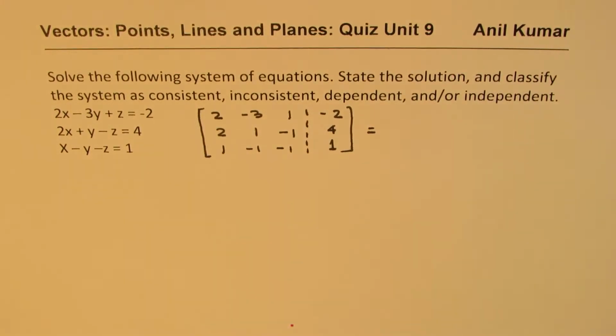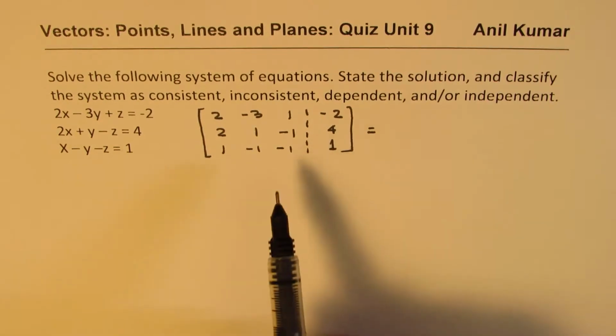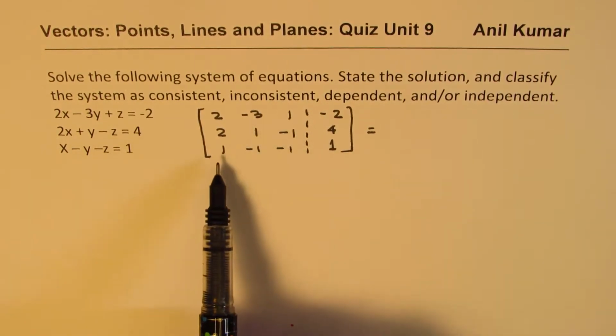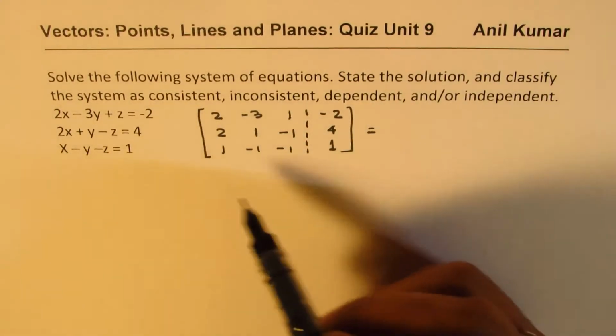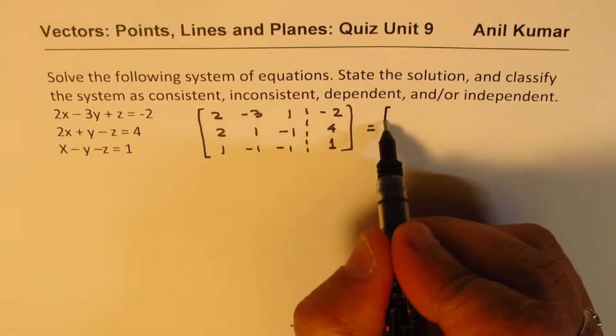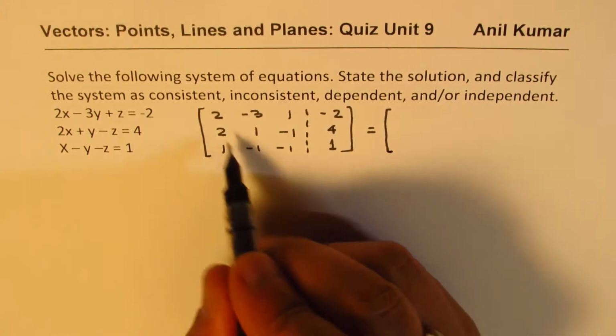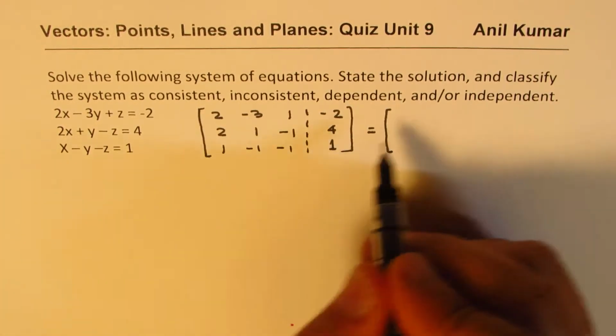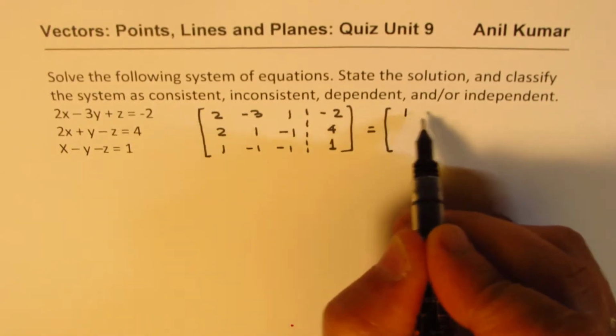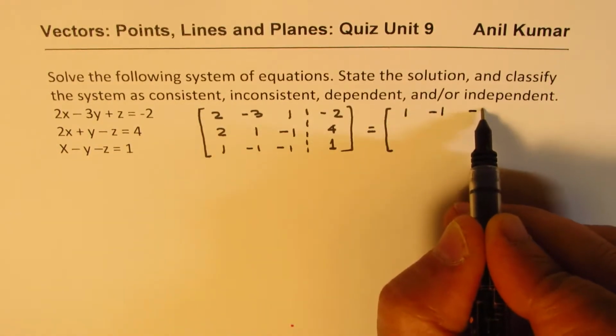Since this is the simplest form, I'll rather keep it on the top. So we'll just switch the positions. It doesn't really matter which equation we write first, right? That's an important step to simplify.